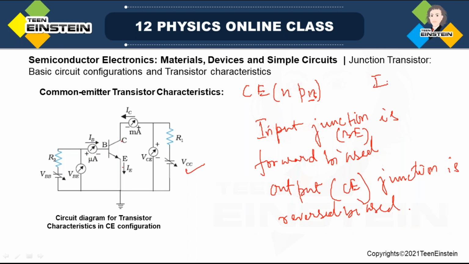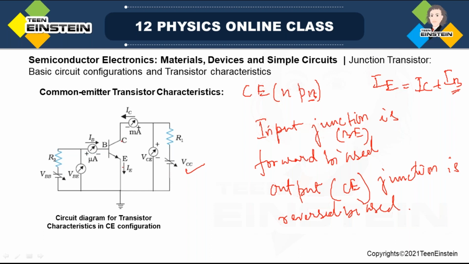So total emitter current is equal to the sum of IC plus IB, but this IB, the base current, is very negligible, because only 5% of carriers give rise to the base current. Okay, and 95% goes to the collector, and they give rise to the collector current.